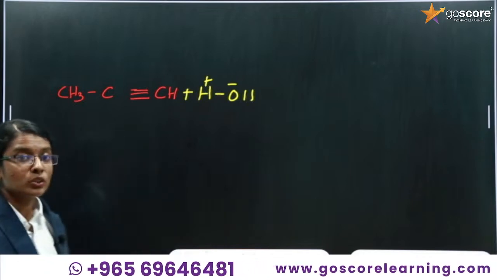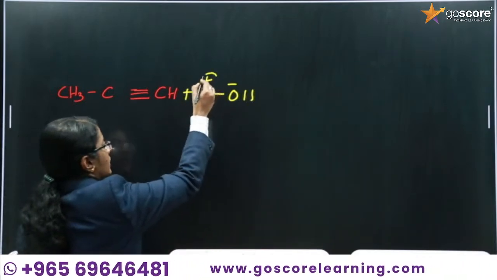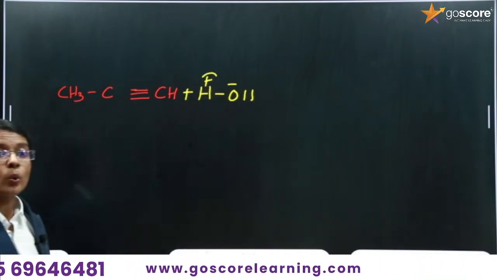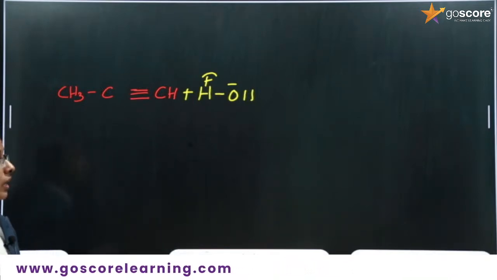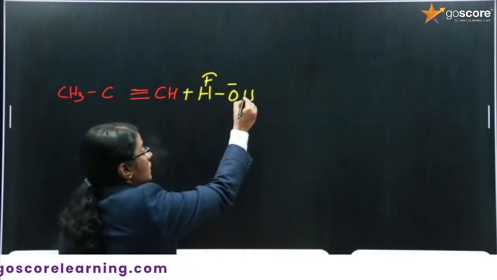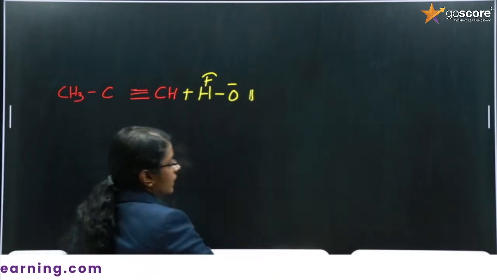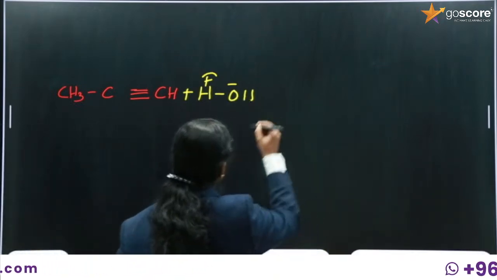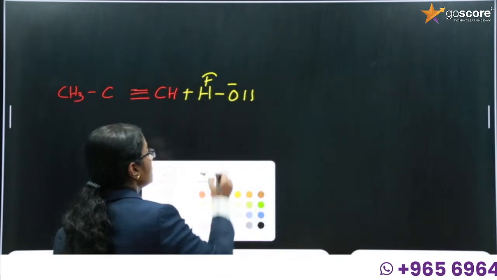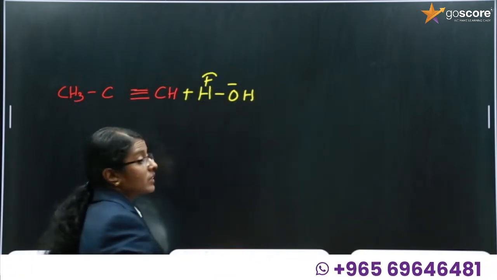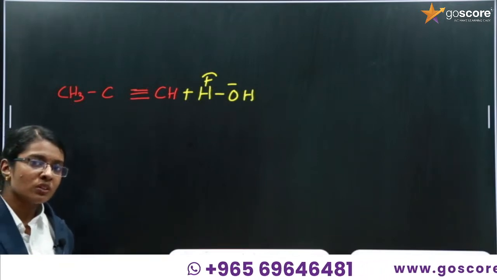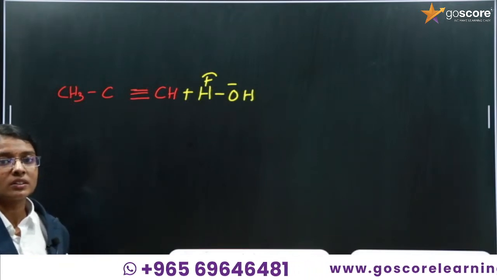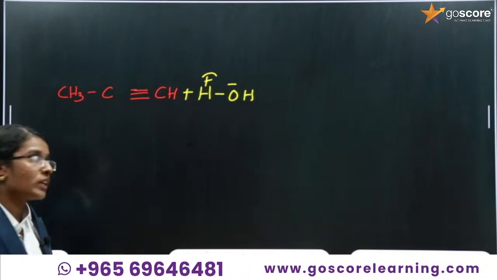On hydration, the hydrogen atom goes to one carbon, and the negative part, the OH group, will go to the carbon containing less number of hydrogen atoms. This is based on which rule? Can you say? This is based on Markovnikov rule.